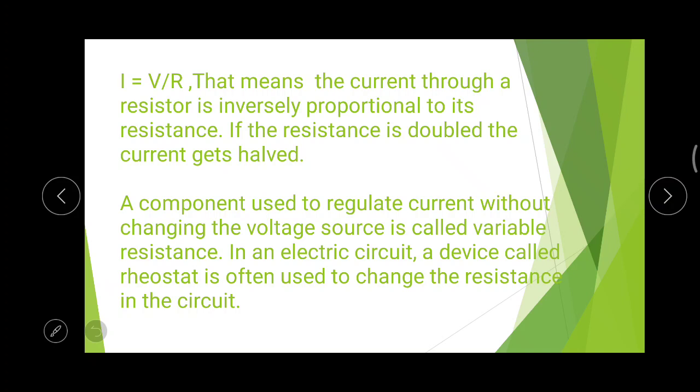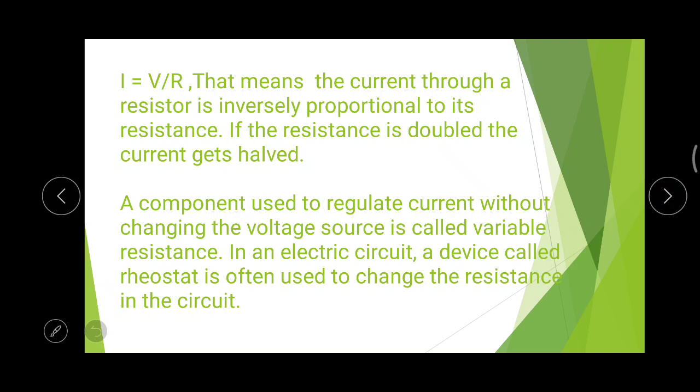The function of variable resistances is to regulate the flow of current through the electrical circuit without disturbing the voltage source. We don't want to change the potential across the voltage source, and without changing that we can regulate the current with the help of variable resistors.